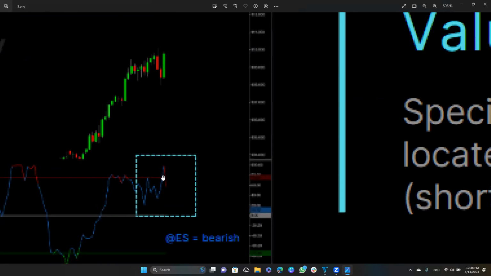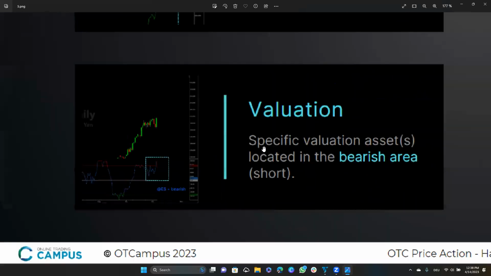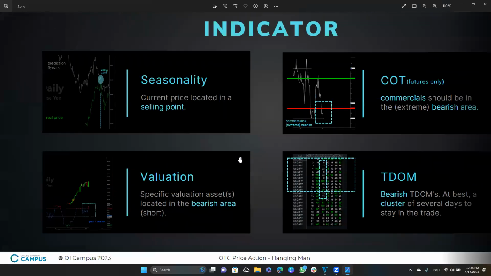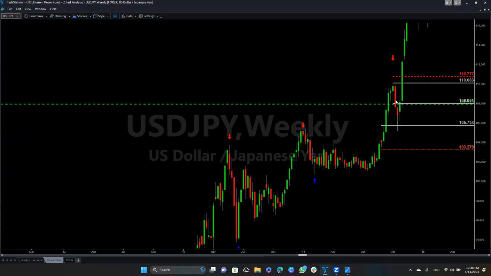It's nicely bearish. Means perfect. Seasonality and valuation are bearish. Perfect. Good. That's the reason why we got this beautiful drop. Very easy to trade. We have this hanging man here, clear target.